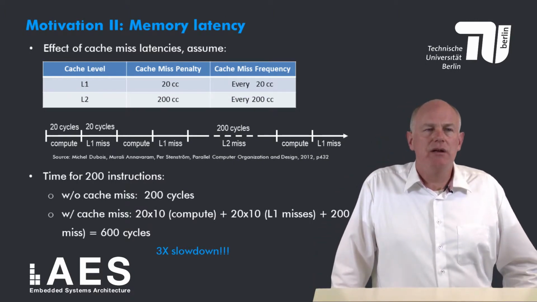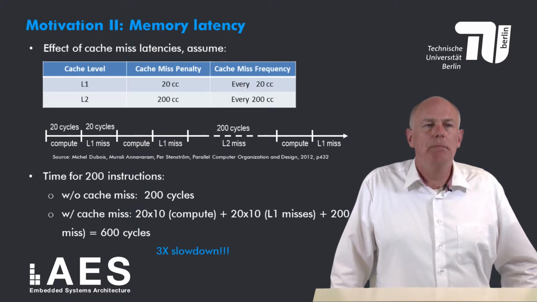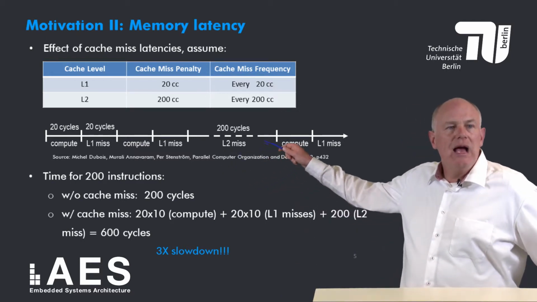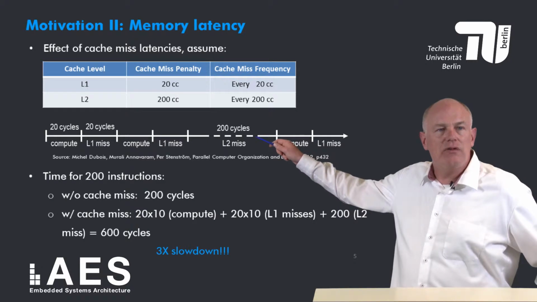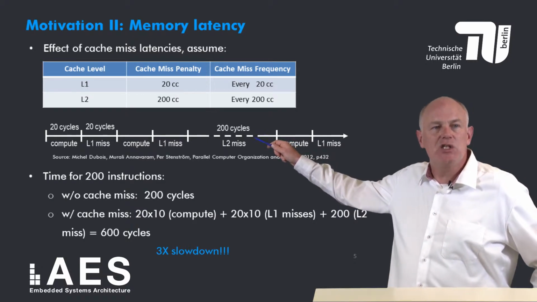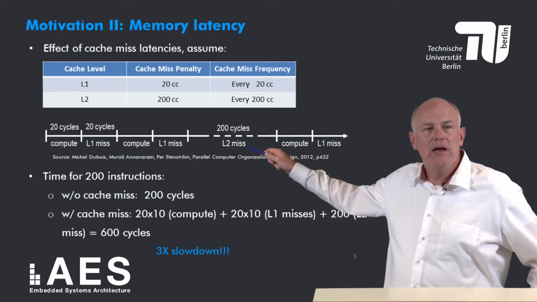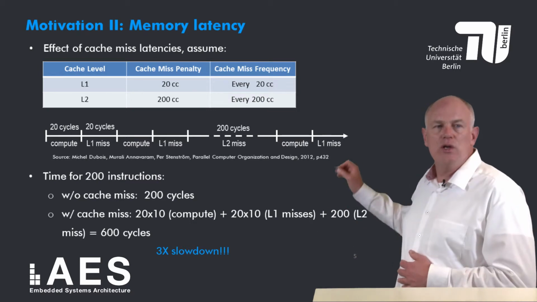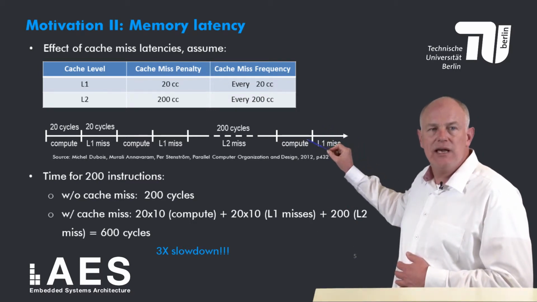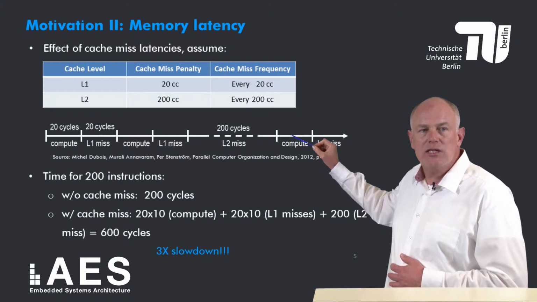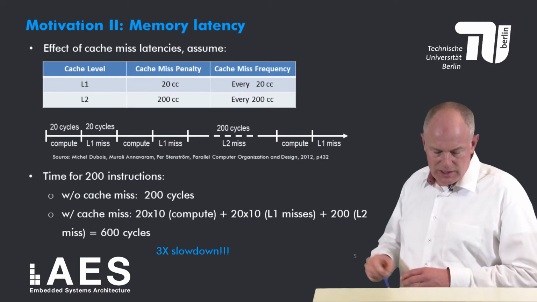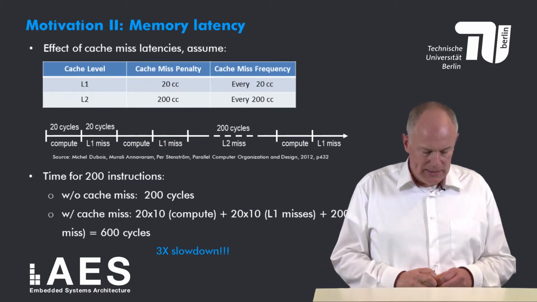Here's another motivation, the very long memory latency. Suppose we have two levels of cache, L1 and L2, and we assume that the cache miss penalty is 20 clock cycles for a level 1 miss and 200 clock cycles for a level 2 miss. Also assume that the miss frequency is every 20 clock cycles for a level 1 cache miss and every 200 clock cycles for a level 2 cache miss.